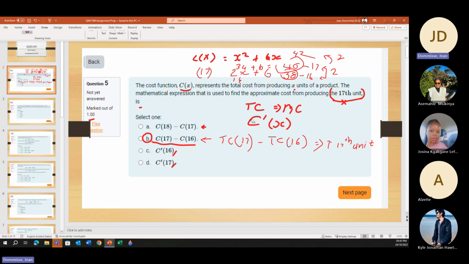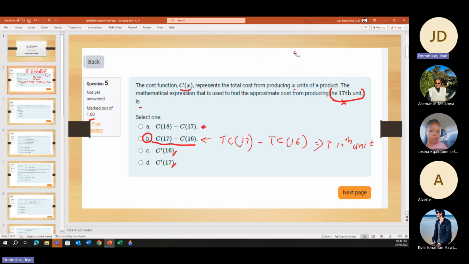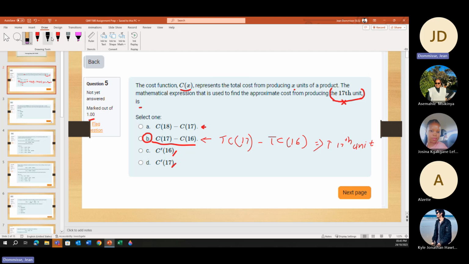Does that make sense? I would have been wrong in this one as well if I would have gone for option D, because I thought we need to work out marginal cost in this one.